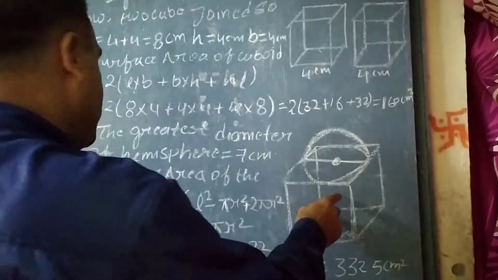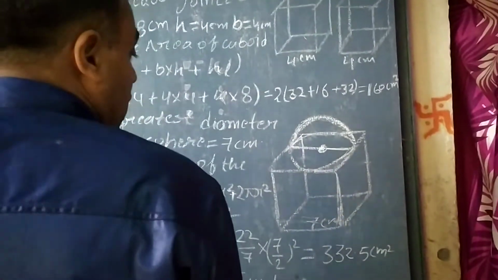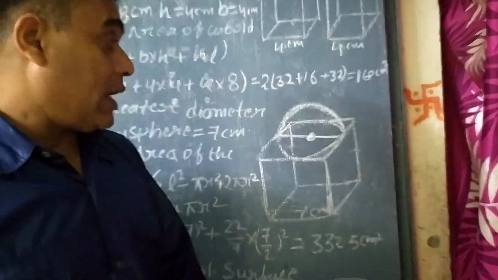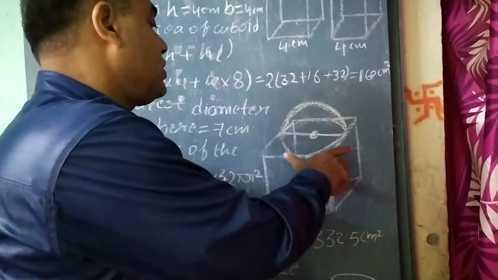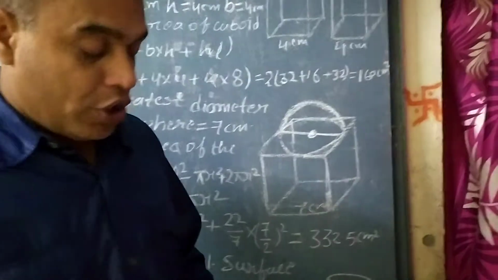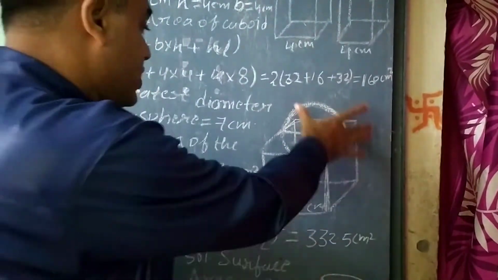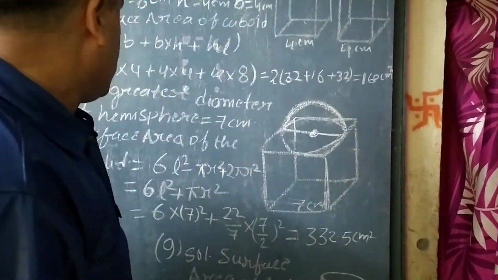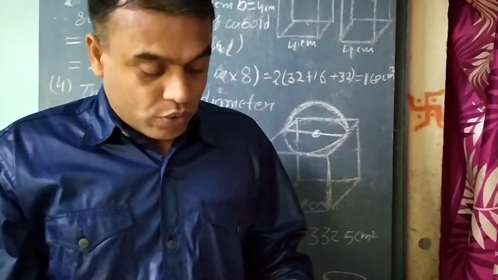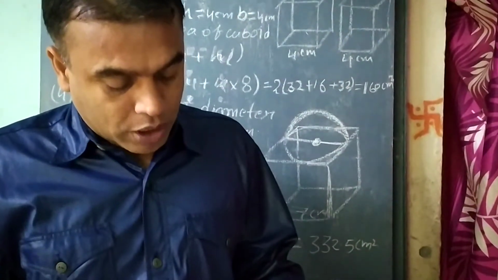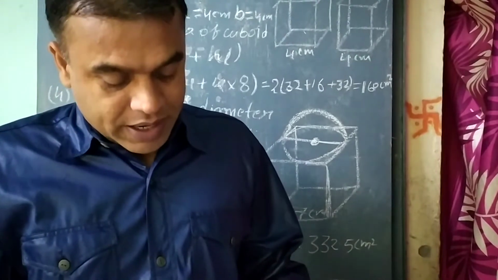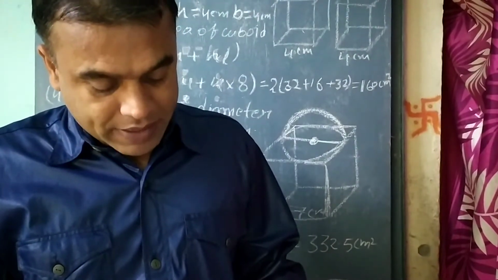Now question number 4. Here it is given that a cube and a hemisphere is surmounted on the cube. We have to find the total surface area of this solid. The question is that a cubical block of side 7 centimeter is surmounted by a hemisphere.